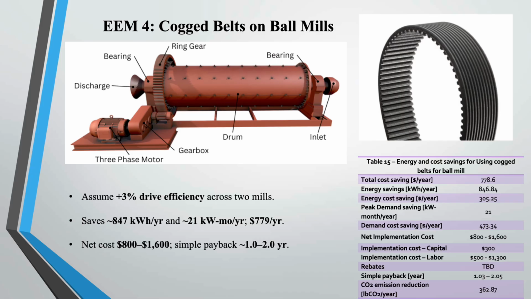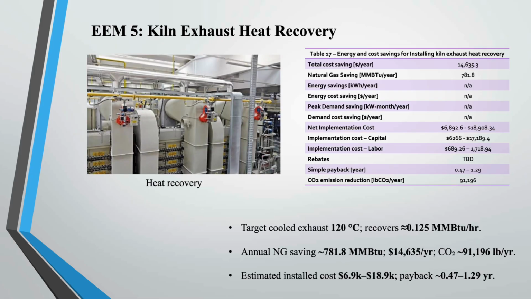With an install cost between $800 and $1,600, the simple payback is 1 to 2 years. This is a good deal as a replacement measure, meaning it is best done when the belts are already due for service. I will now present our final engineering measure and the total project summary.